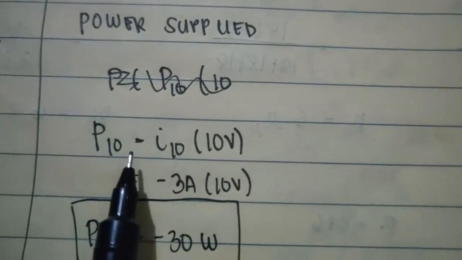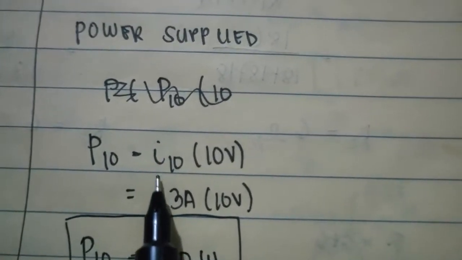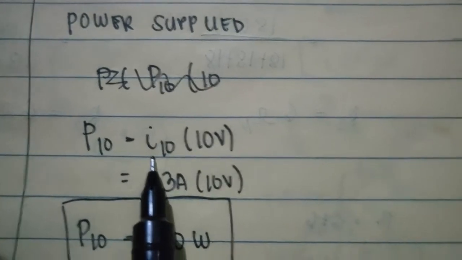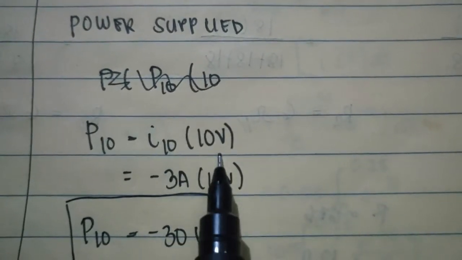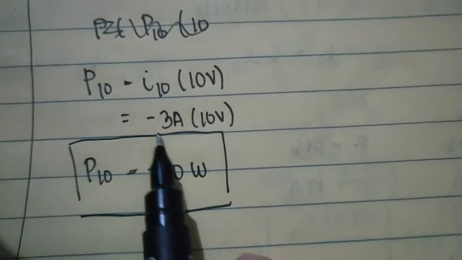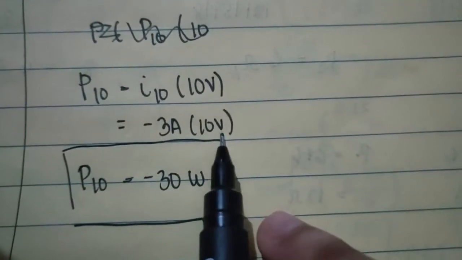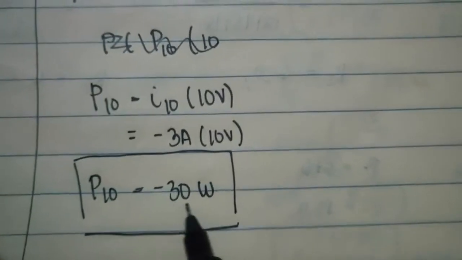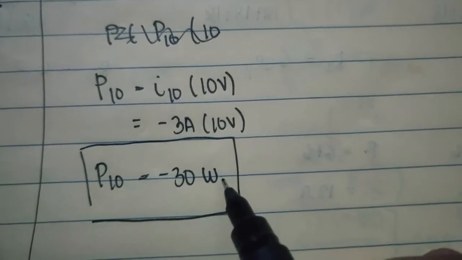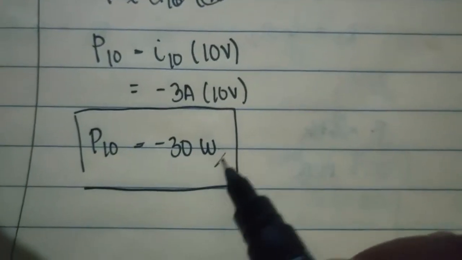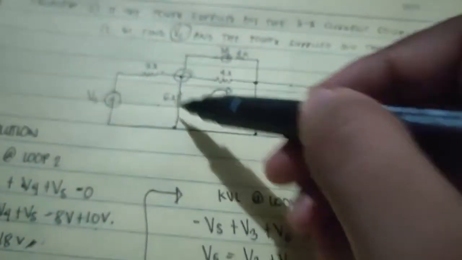P10 is equal to I10 times 10 volts. So negative 3 A times 10 volts. By using the calculator, our final answer is 30 watts. So our power supplied in this circuit, for the whole circuit, is 30 watts.